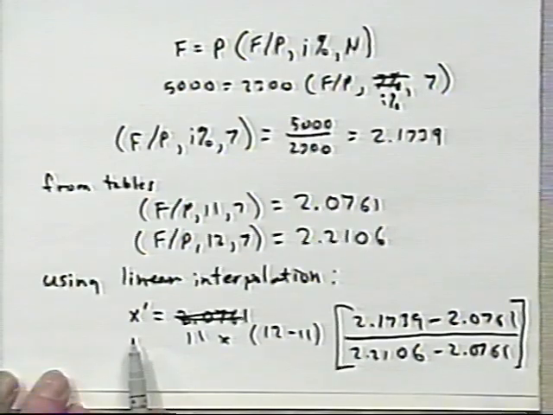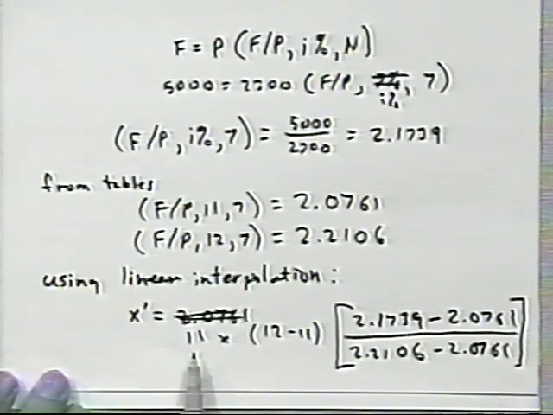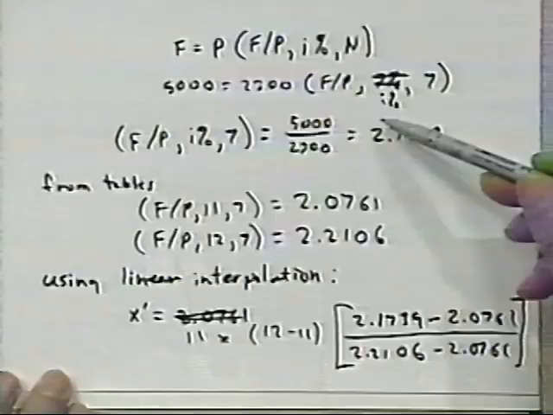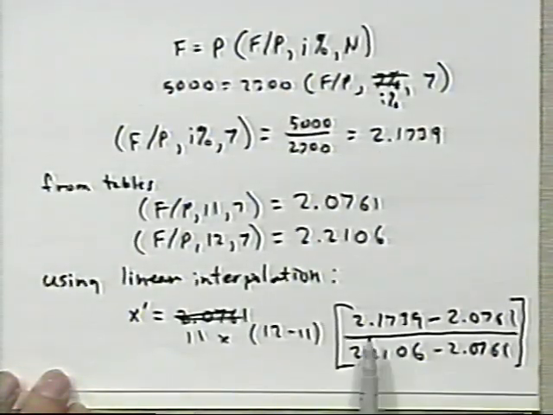We're looking for the unknown interest rate, so we know the x's are the interest rate. That's why this is an 11, this is the 12, and this is the 11 again here. The dependent variable, y, is the value of the compound amount factor, and that's why the value of 2.1739 and so forth is over here.